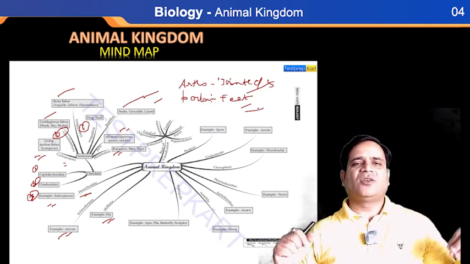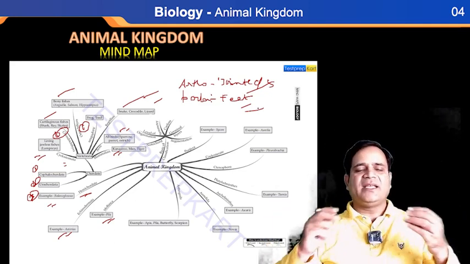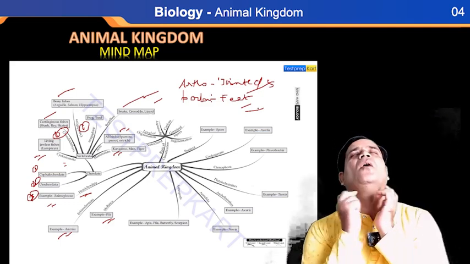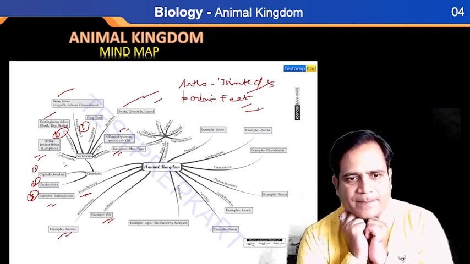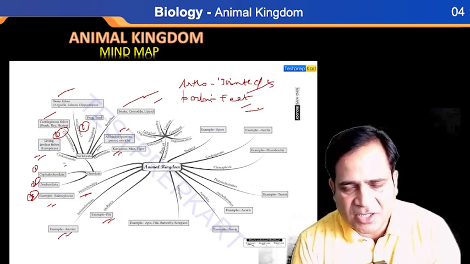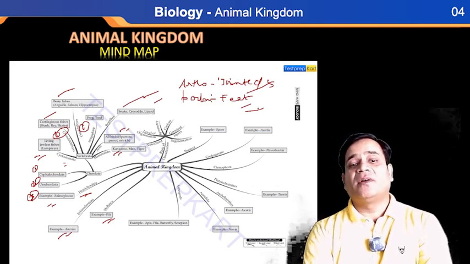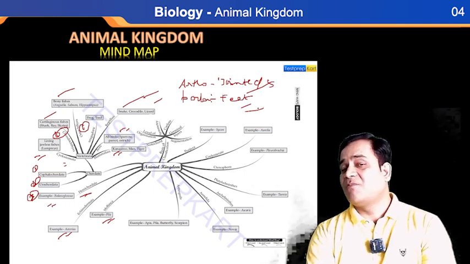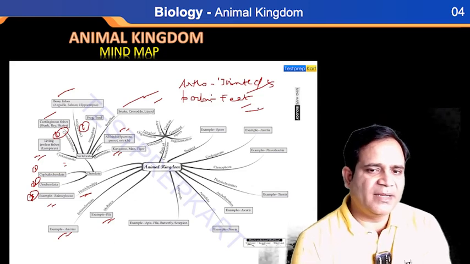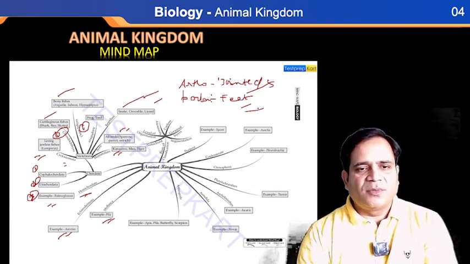It means the organisms have legs, or you say the podia, that is smaller feet fused with the abdomen or the thorax. Clear? So Apis, Pila, butterfly, scorpion, these all are arthropods, in which the small poda, or feet, are fused with the abdomen, my dear. Clear? So this thing is clear.